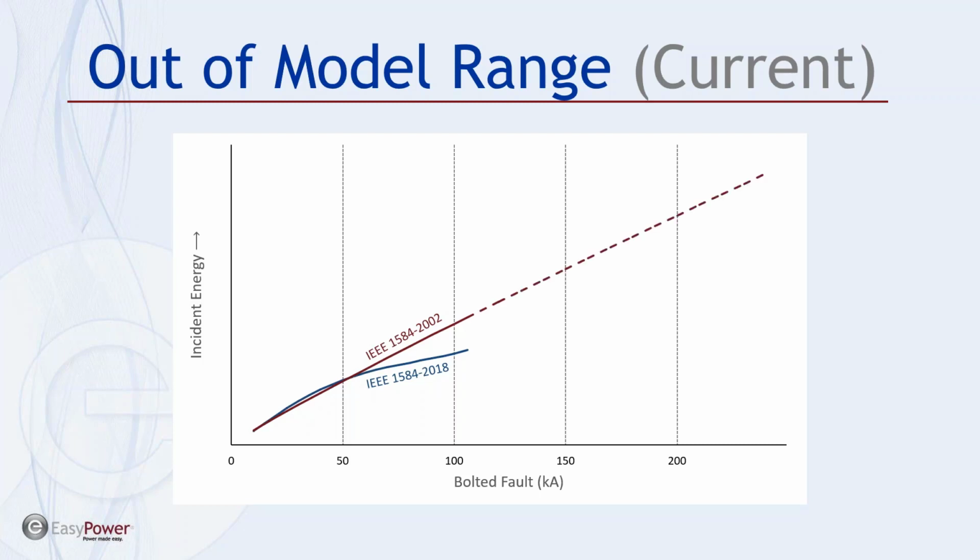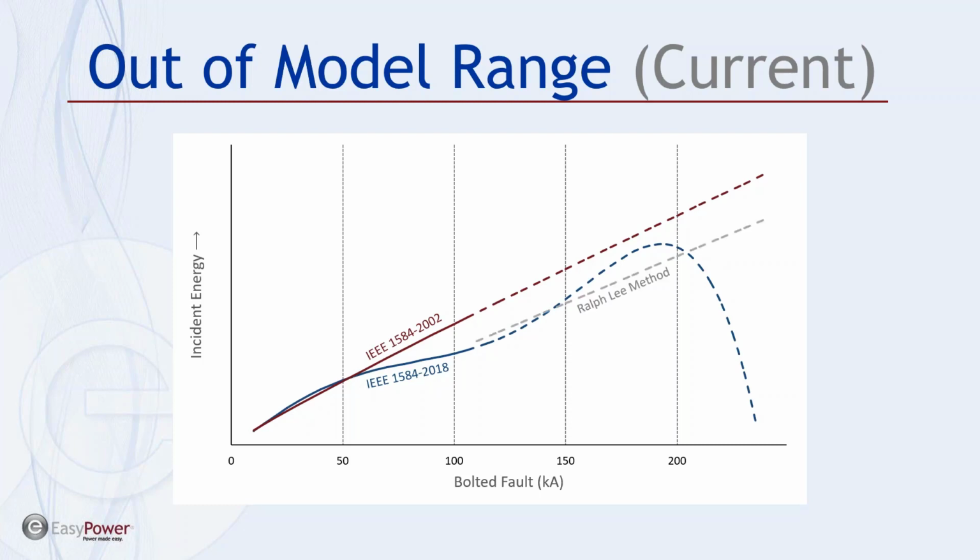If we stay with the 2002 model, there's some potential that it's a linear progression of the results. And this is not a recommendation, this is just a statement of fact as far as how linear the model was. If we look at the plot for 2018, there's concern that it's not only less accurate, but if we get to a certain point, it falls off the cliff in terms of rational understanding of what incident energy ought to be at the higher bolted fault currents.